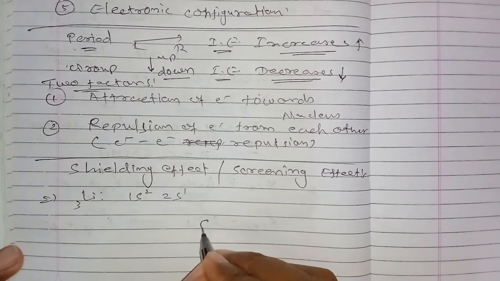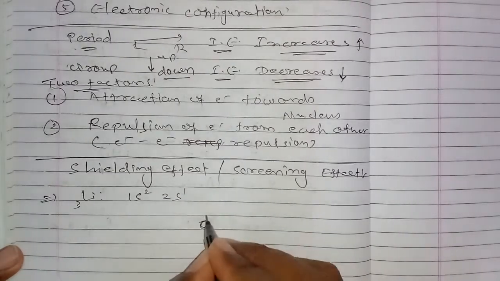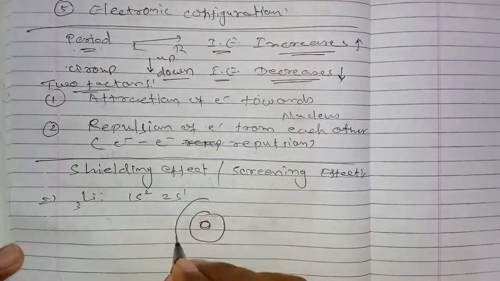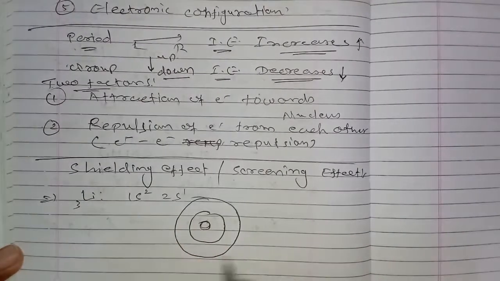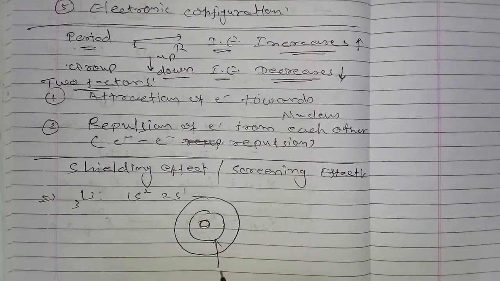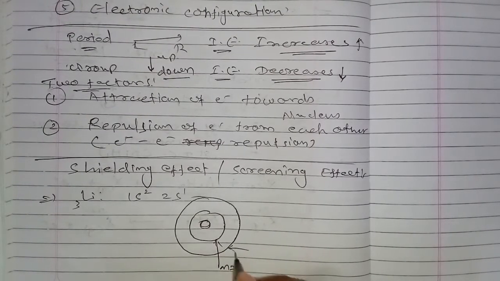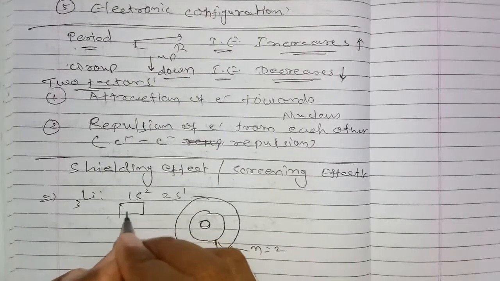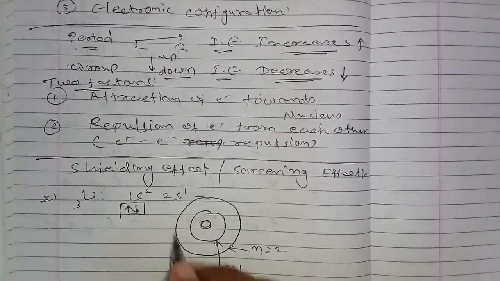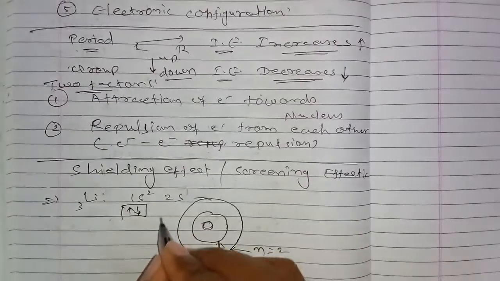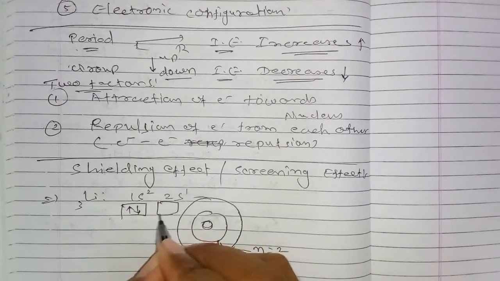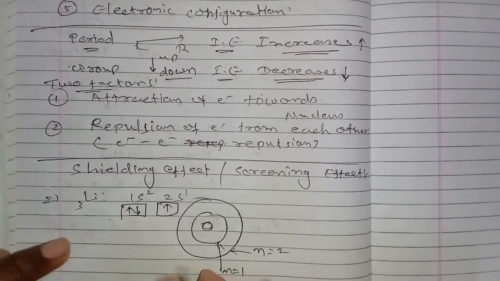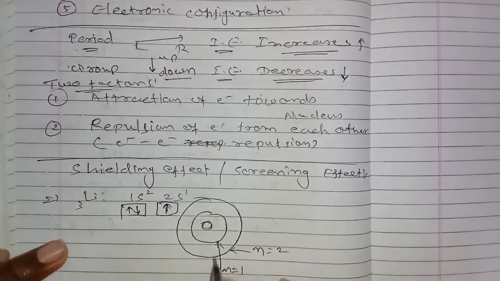Here is the nucleus, the first shell and the second shell. The first shell, or 1s orbital, is completely filled with electrons. Why is the last electron called the valence electron?